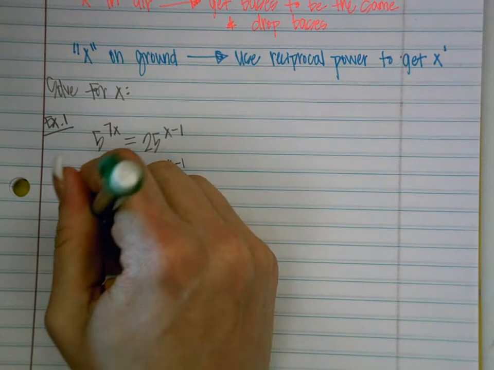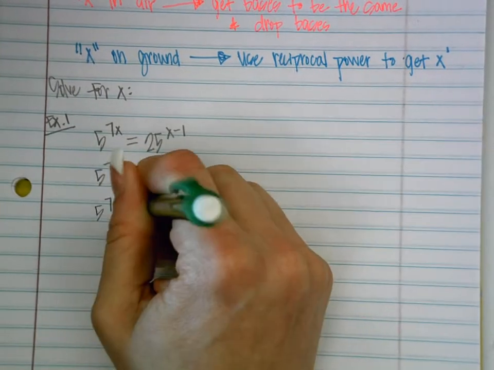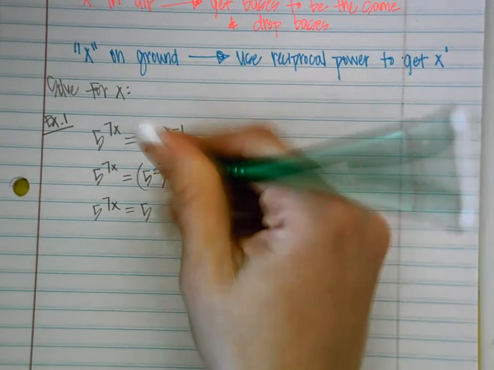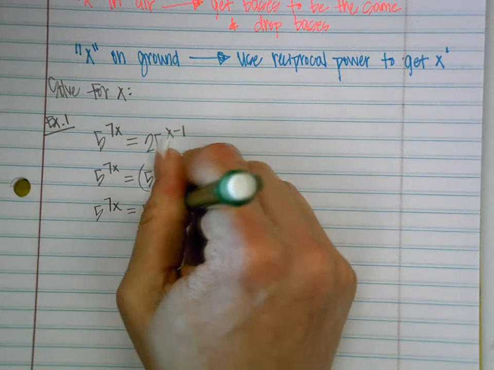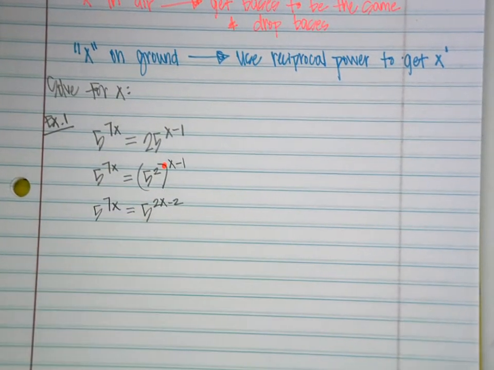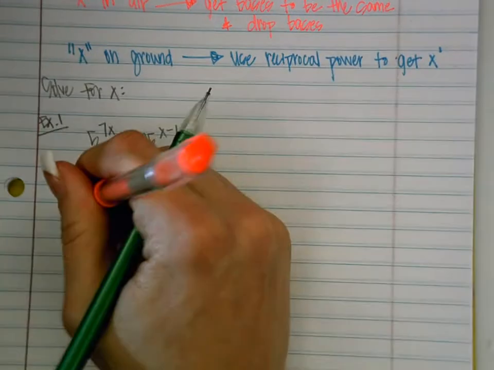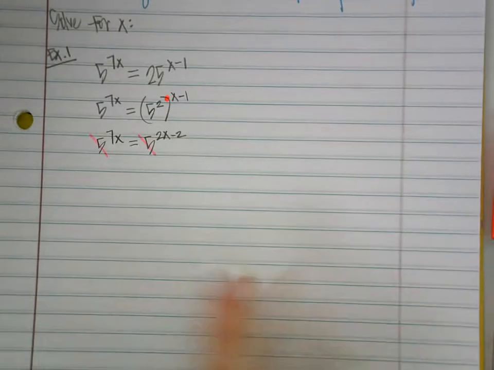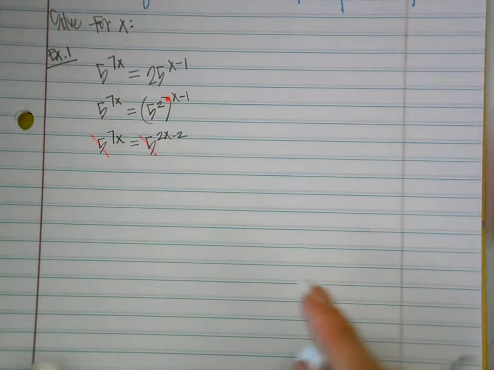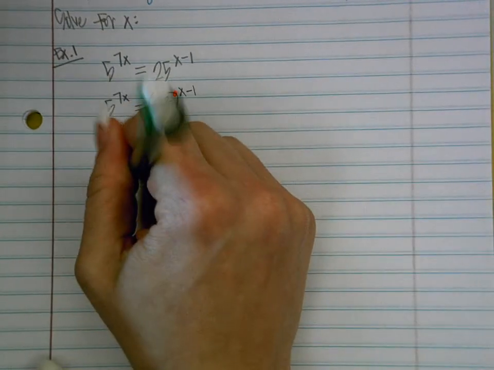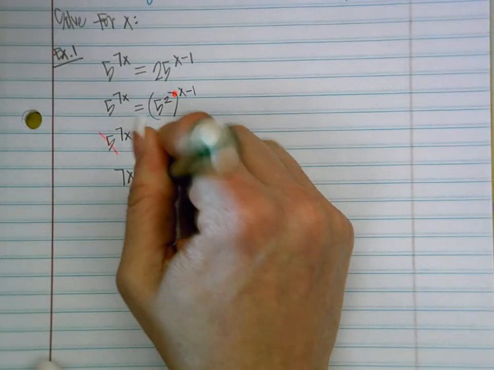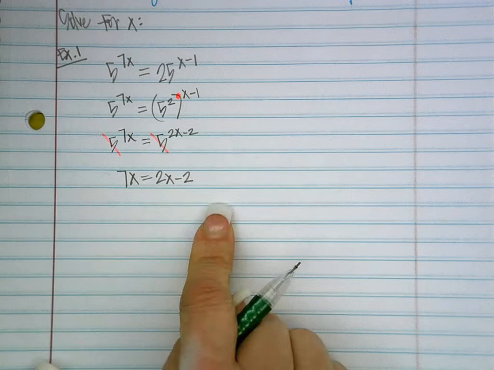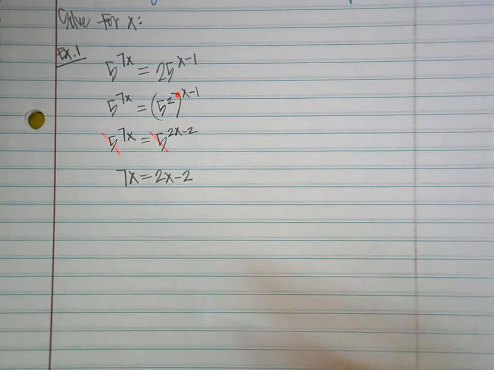So 5 to the 7x equals 5 to the, if you distribute the 2, 2x minus 2. Then these have the same base, so you literally just drop them. They don't cancel out, but we can drop them and then set the exponents equal to one another. So 7x equals 2x minus 2, and this is just a basic Algebra 1 problem.